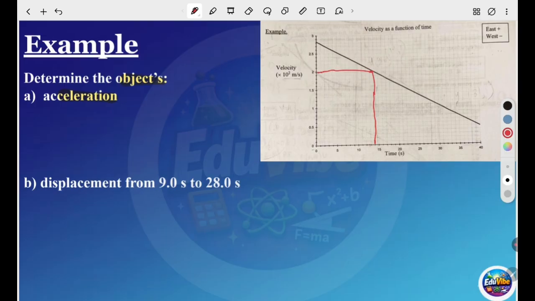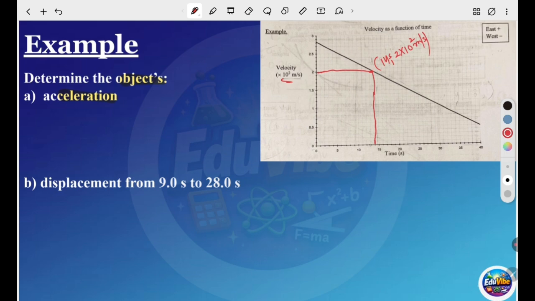This 2 is 2 multiplied by 10 raised to power 2, because it's mentioned over there. So this point is 14 comma 2 times 10 to the power 2 meter per second, and this 14 is in seconds.